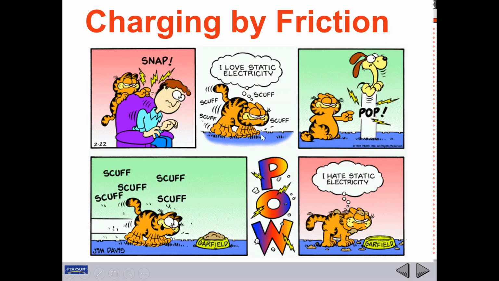So he is charging himself up by friction, rubbing. Okay? That's what friction is, rubbing. And here's a funnier one. He rubs across the floor and then tries to eat his food and it blows up in his face.